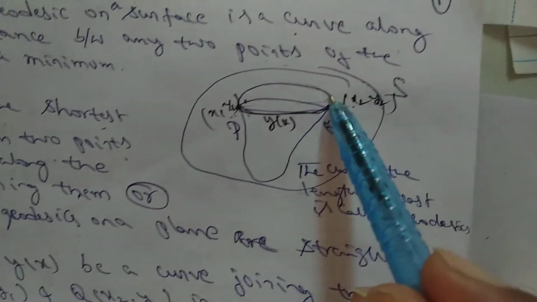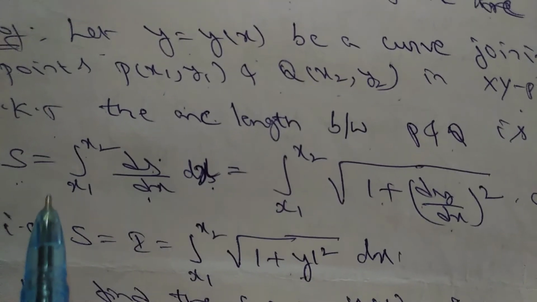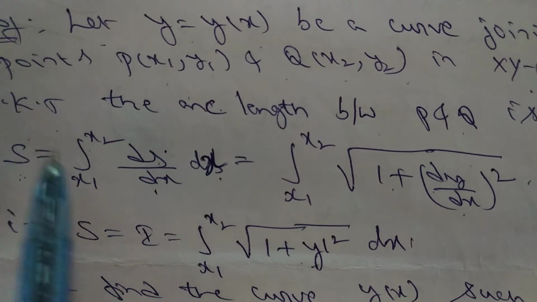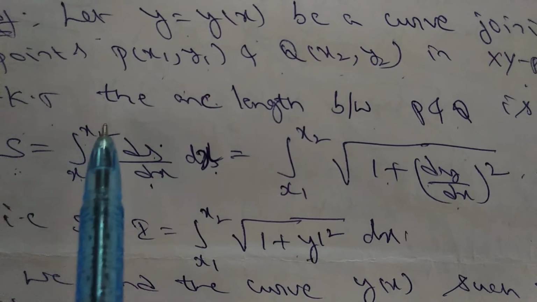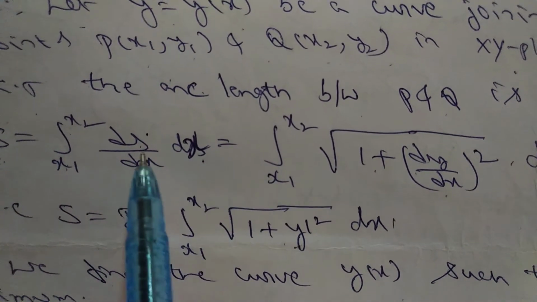Next, we know that the arc length between P and Q is given by arc length. This is the arc. So the arc length between these 2 points is given by one formula. What is that formula? Arc length is given by S is equal to integral from x1 to x2 of ds by dx into dx.